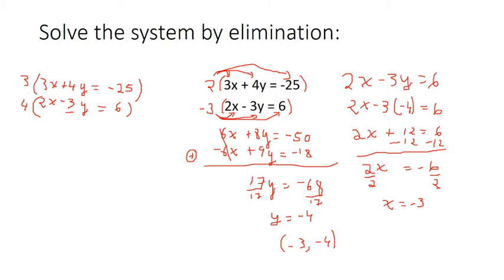So if I do this, I'm going to end up with 12x. I'm sorry, 9x right here. So this would be 9x. And then I have plus 12y, is equal to negative 75.